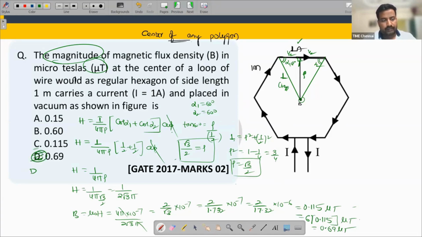So option D is the answer. Is that clear? Everyone, is that clear?